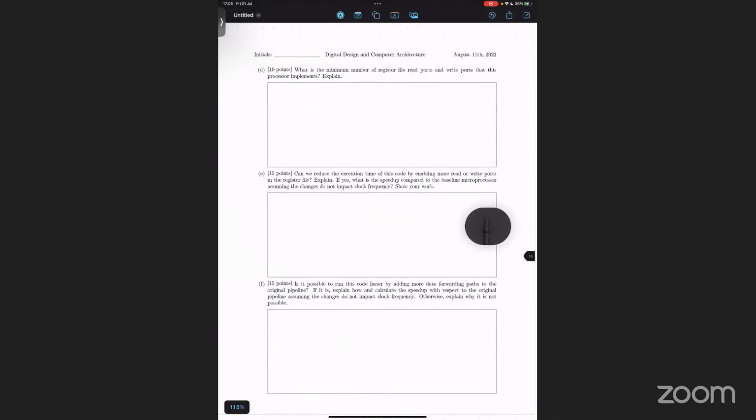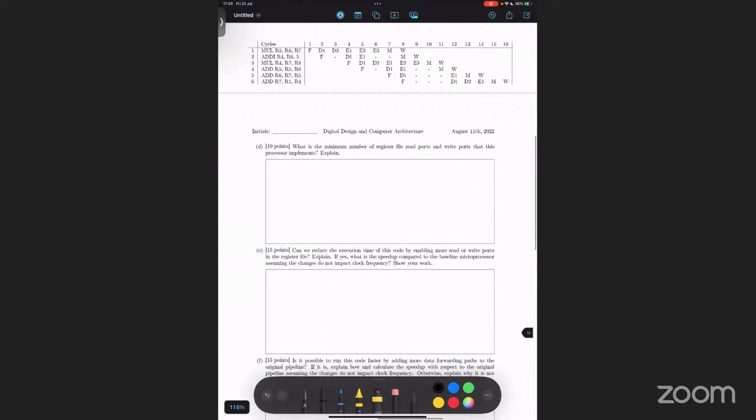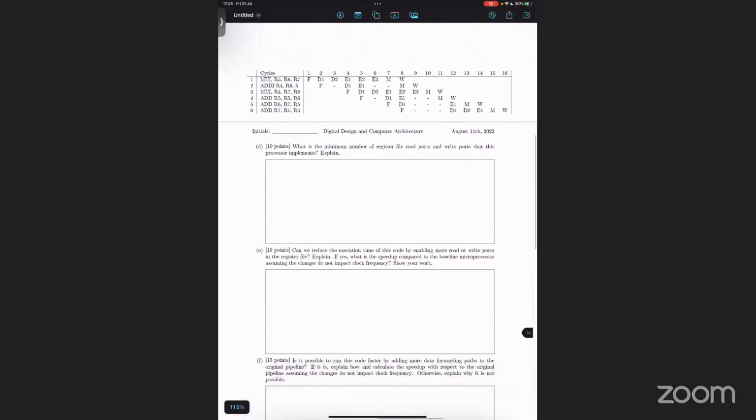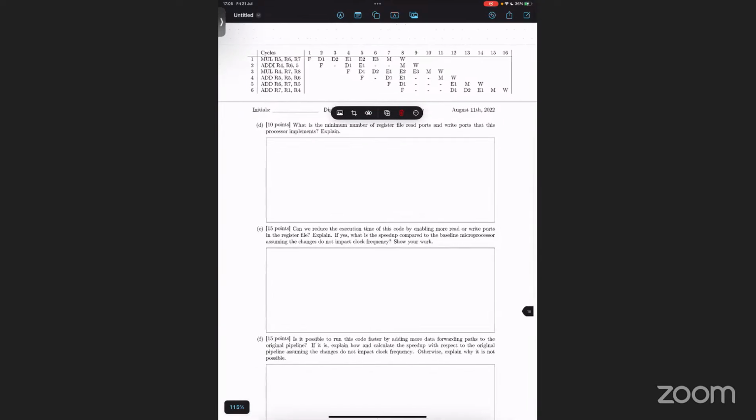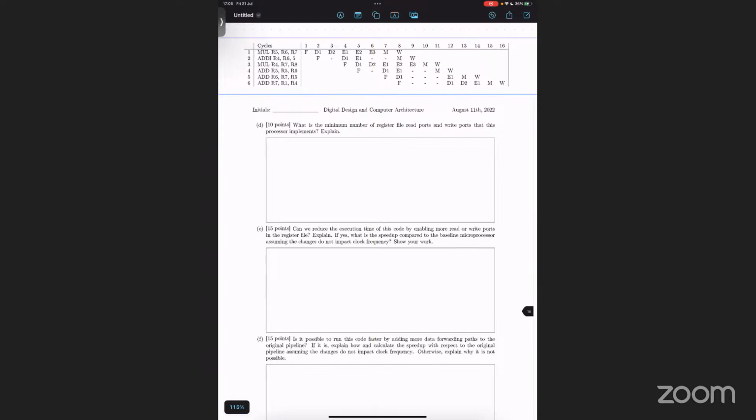Yes. So here, let's have this diagram here as well. Following the previous question, it's asking what is the minimum number of read and write ports for the register file that corresponds to this pipeline diagram.